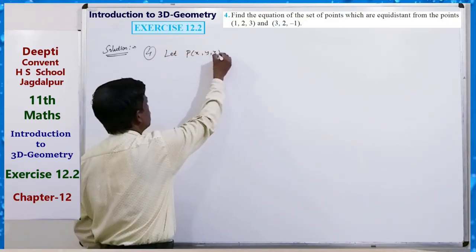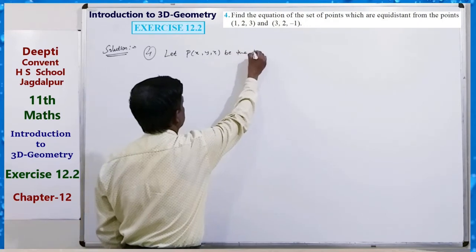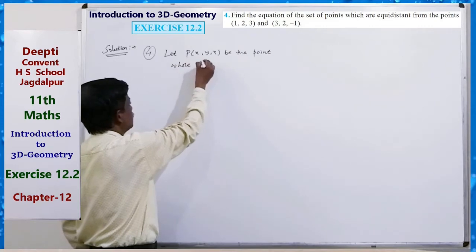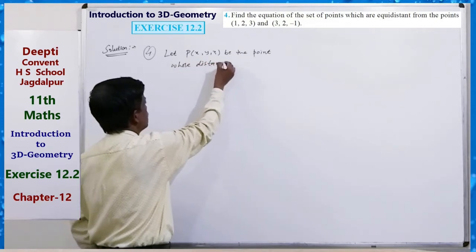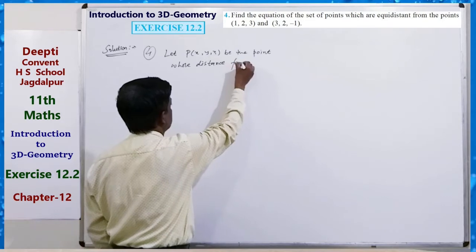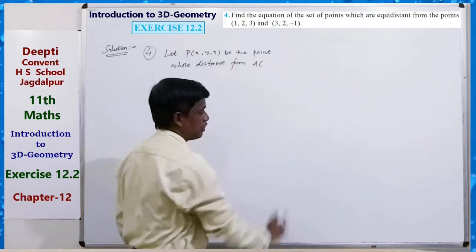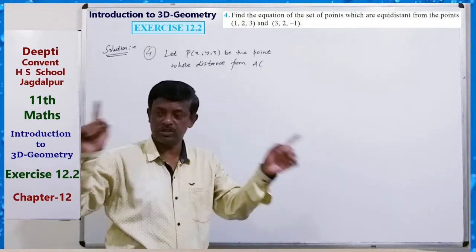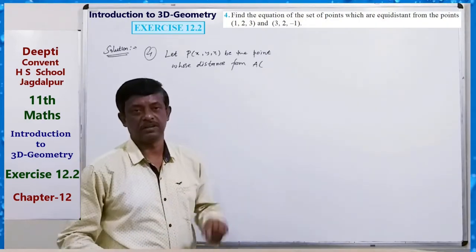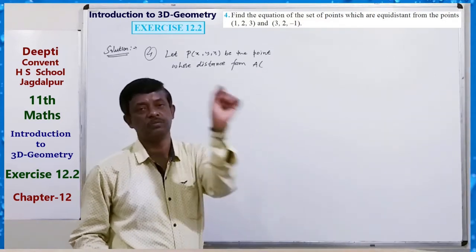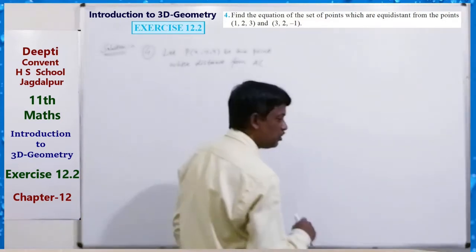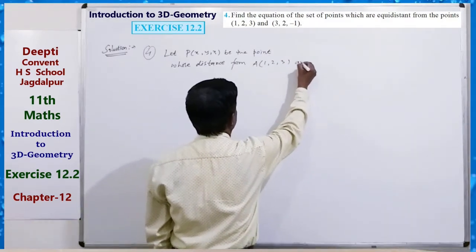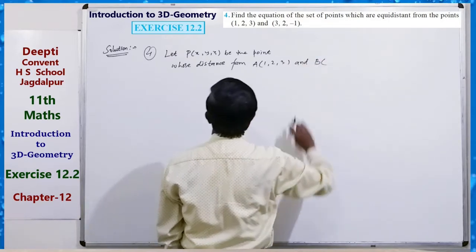Let P(x, y, z) be the point whose distance from the 2 given points is always the same. If P is the point, then PA equals PB. A is (1, 2, 3) and B is (3, 2, -1).